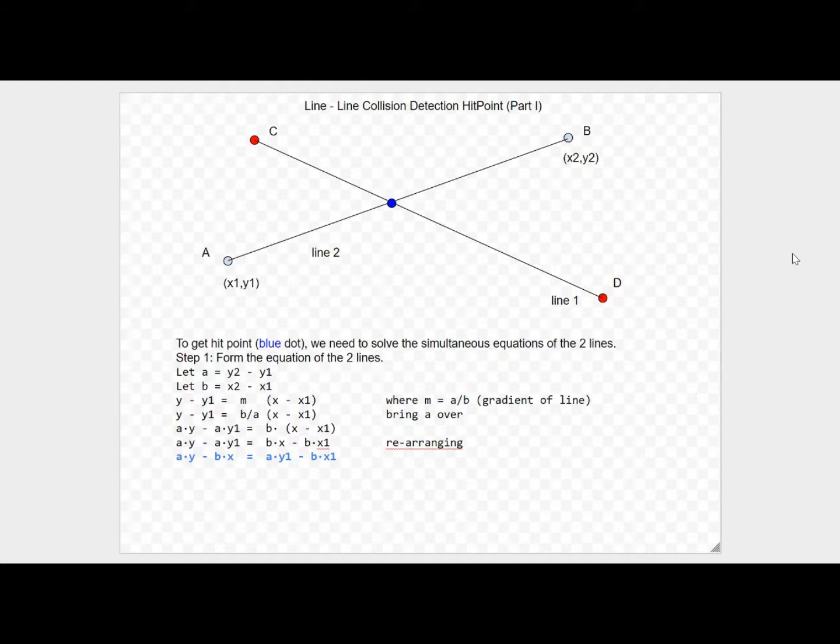Then we'll use a very simple method, the inverse matrix, to solve these two, but that will be discussed in part two. So first, let's take a look at how we can represent two lines in the computer using simultaneous equations. Let's get started.